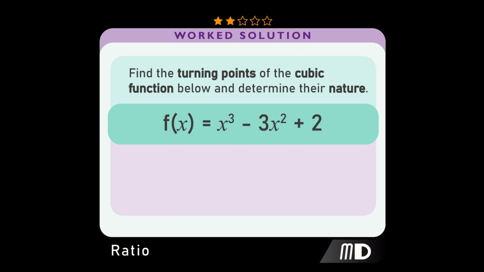Then, solve that equation to find the x-coordinate for each turning point, and substitute those values into the function to find the corresponding y-coordinate. Then we need to find the second derivative and substitute each value of x into that derivative to find the type of turning point.